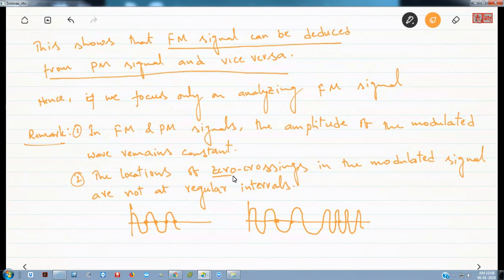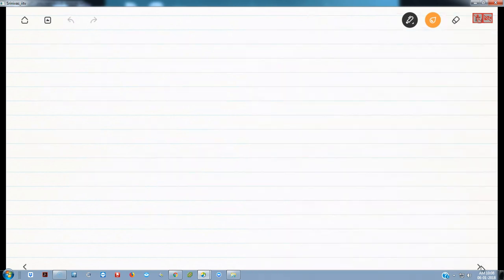So the zero crossings of the modulated signal are not at regular intervals. Hope you understood this, right? Yeah, and the same thing holds true for phase modulated signals also. So let's now discuss a frequency modulated signal.